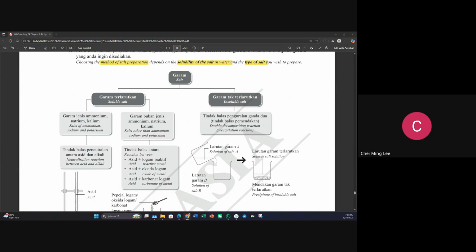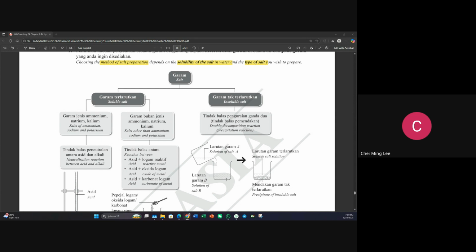For non-soluble salts, we use the double decomposition reaction, sometimes called the precipitation method, where a solution of salt A is combined with a solution of salt B: AB plus CD will become AD plus CB.